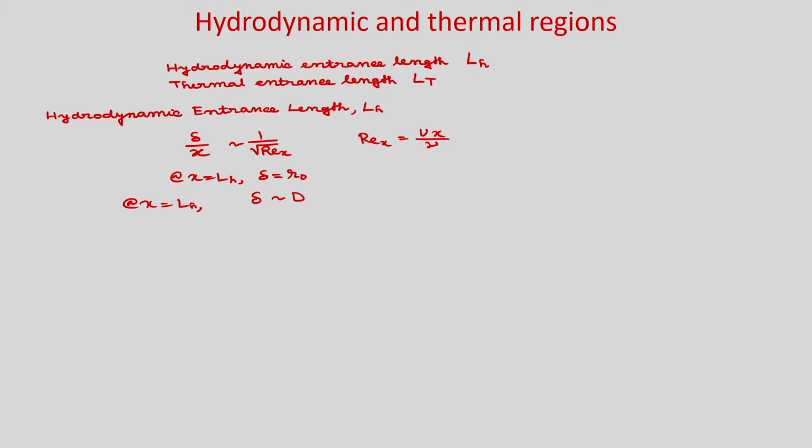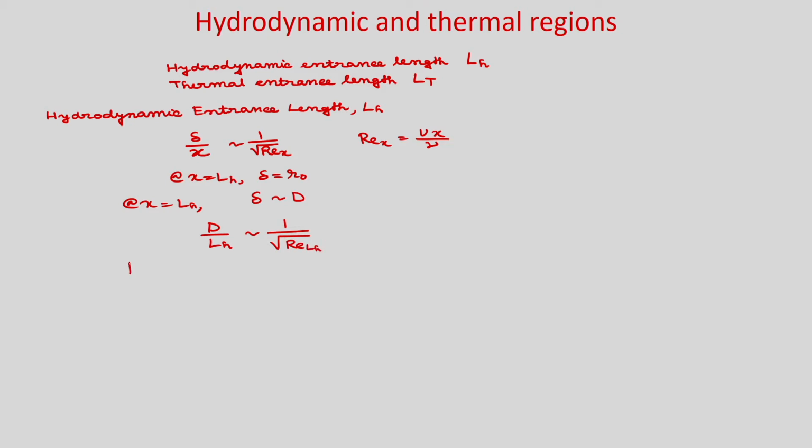We are doing scale analysis, so we are looking at order of magnitude. So the hydrodynamic boundary layer thickness delta is of order d. In that case, d by L_h will be of order 1 by root Re_Lh.